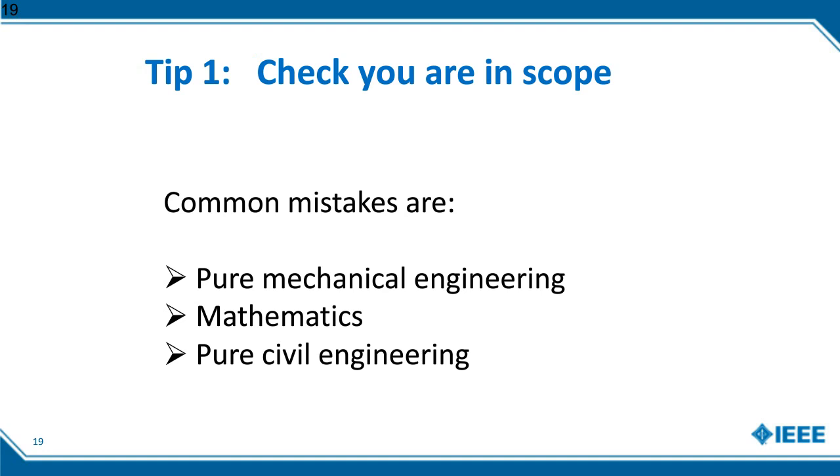We do get a lot of papers, surprisingly enough, that are just pure mechanical engineering, pure civil engineering, and purely mathematical papers that are clearly written for a mathematics journal. Those all get rejected, unfortunately, because they're not really under the IEEE scope. So please don't send those to us. It's surprising how many papers I receive on blowing up rocks and crushing rocks. I don't want to see those. Okay.